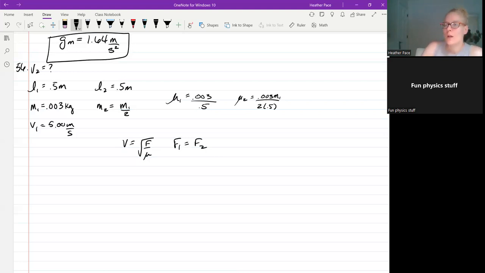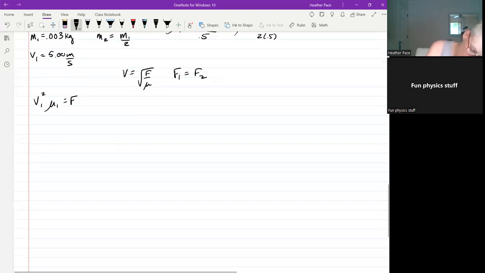All right, so we can write that V1 squared mu1 equals F. But we know that F1 equals F2. So we can also say that V2 squared mu2 equals F, and then we can set them equal to each other.